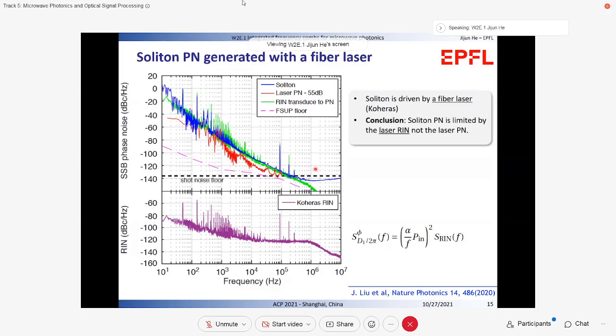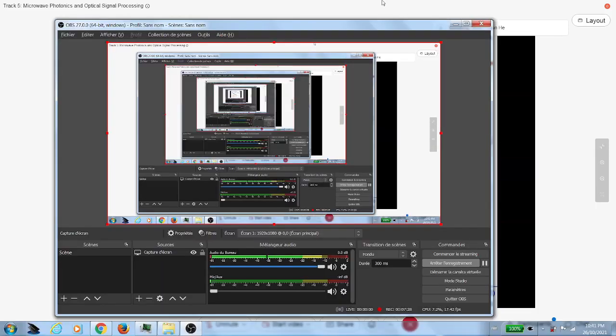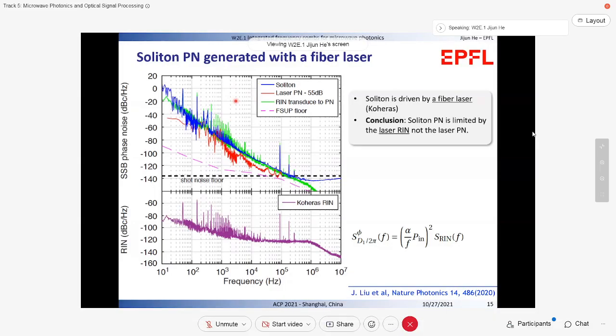Previous slides show how the pump laser transfers its phase noise and relative intensity noise to the generated soliton phase noise. In this slide, we will investigate which is the main phase noise limit caused by the laser. For the case of using the coherent fiber laser as a pump, we plot both the laser phase noise and the RIN after transduction together with the soliton phase noise.